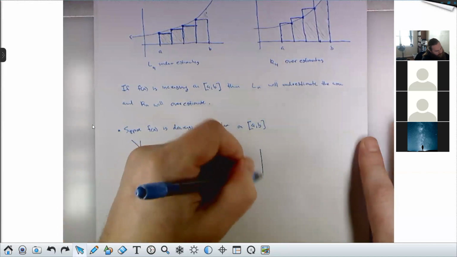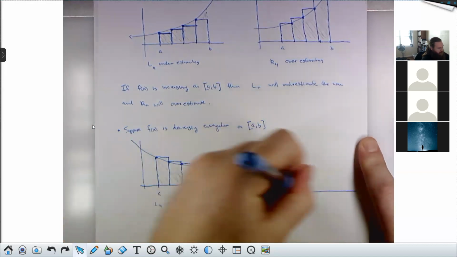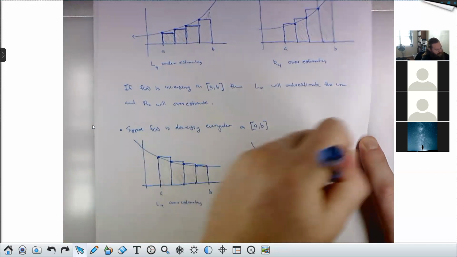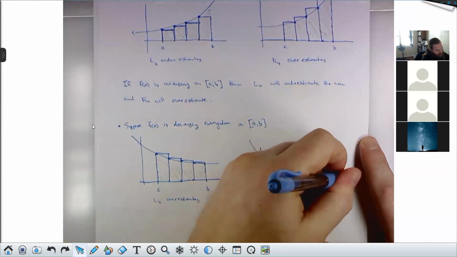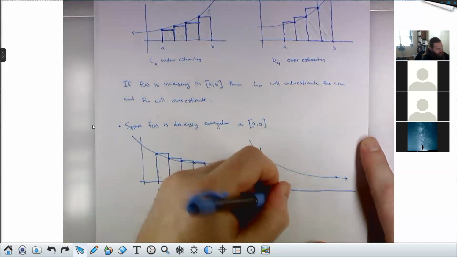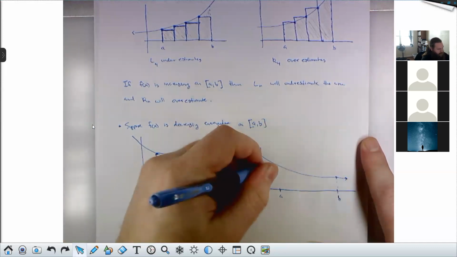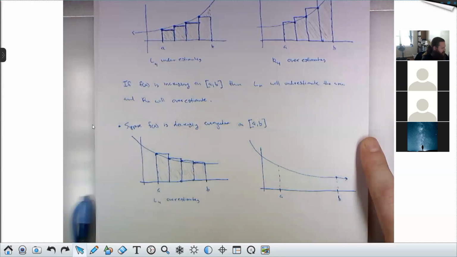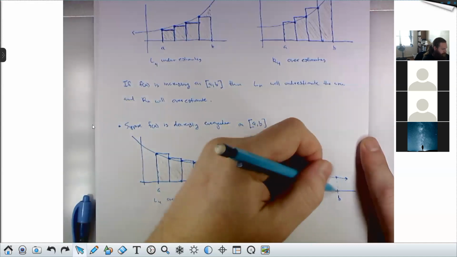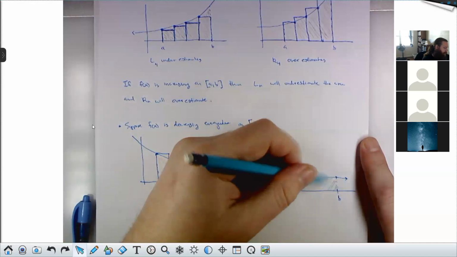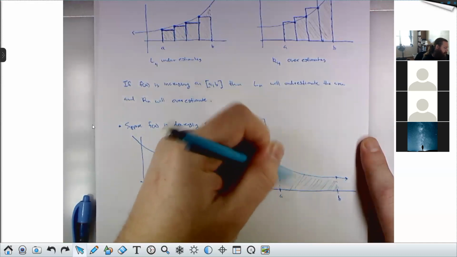And similarly, here the right endpoint will underestimate. So it depends on whether you're using right endpoints or left endpoints.